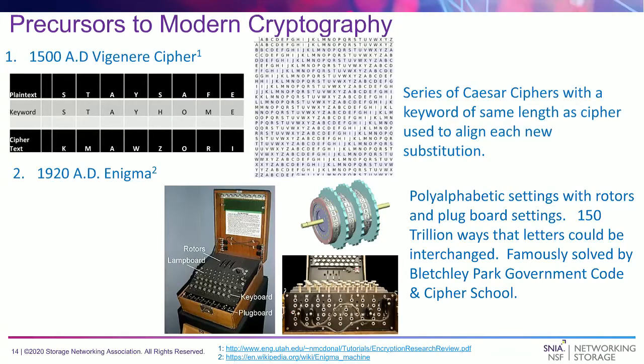So what the key does in the Vigenere cipher is that basically every element has its own key, and the keyword is where you start that row and column of the Caesar cipher. So each and every key starts a new Caesar cipher, and there you see the stay safe with the keyword stay home would give you that message as I went through the exercise there on the bottom.